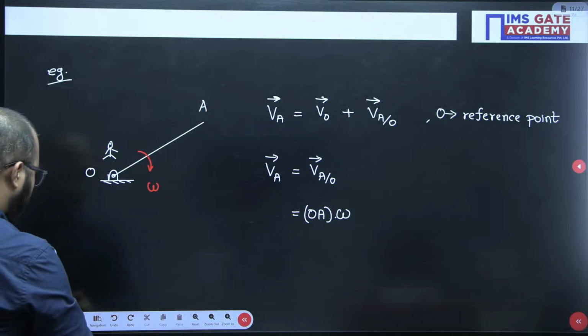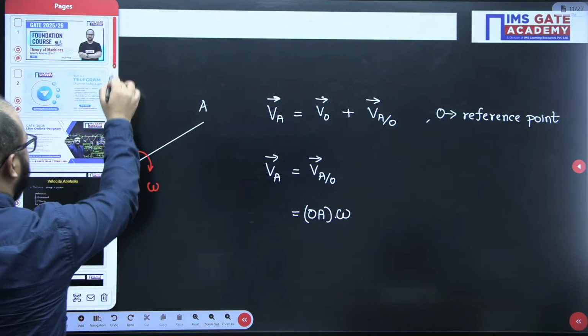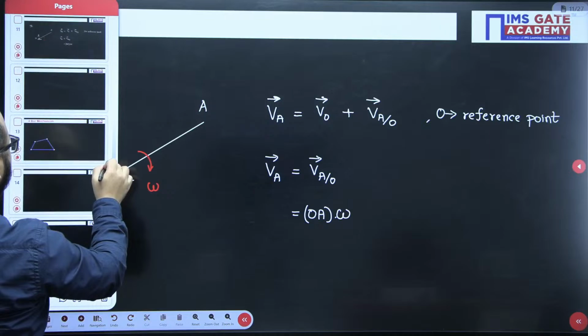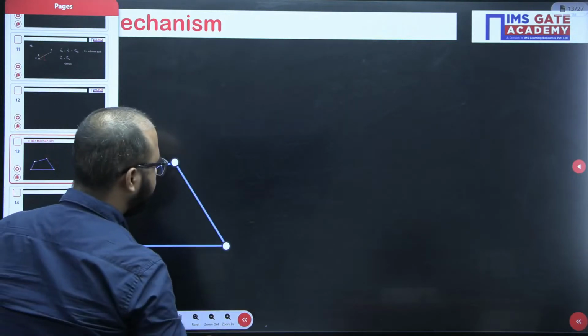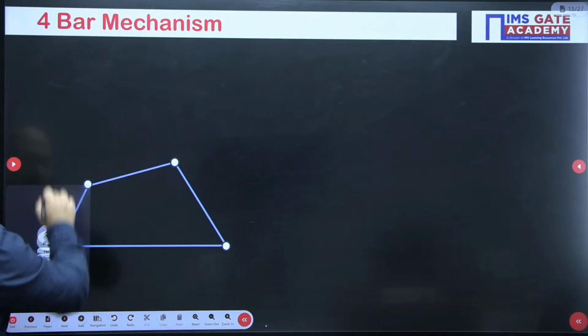Now we will discuss the 4-bar mechanism, guys. So this is the 4-bar mechanism we are having.